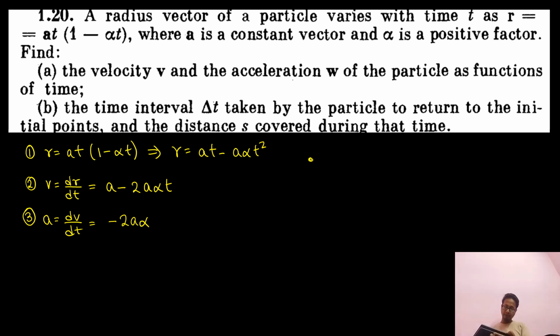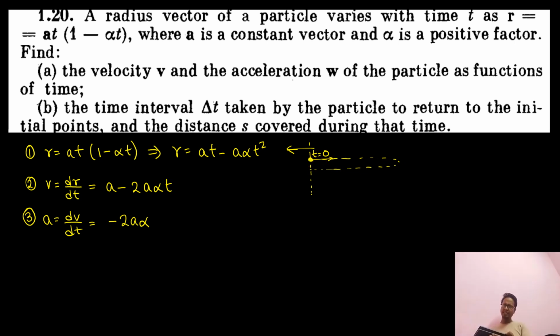The initial velocity is in this direction, but the acceleration is always in this direction. So after a certain time, the particle will go and come back. Suppose at time t = 0 the particle was here. At what time will the particle again be at 0?